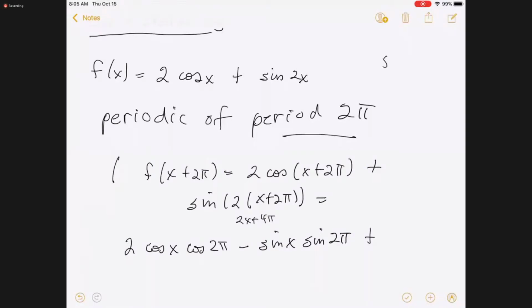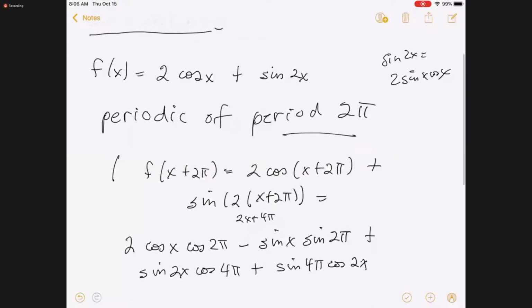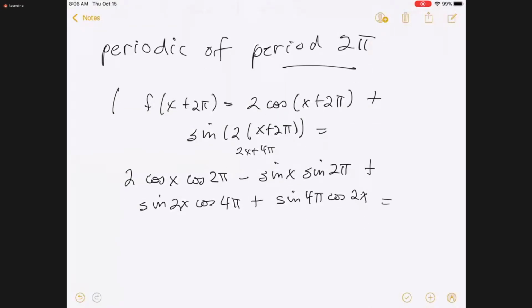Okay, what I do is remember the double angle formulas, and then I go from there. So this is going to be the sine of 2x cosine of 4 pi plus the sine of 4 pi cosine of 2x. Now, if I remember these incorrectly, I'm going to have to go back and change this.